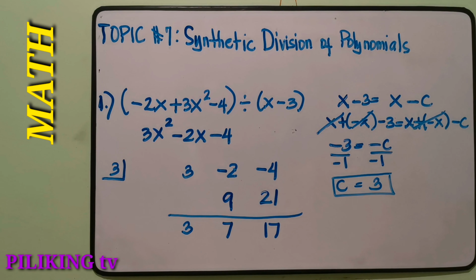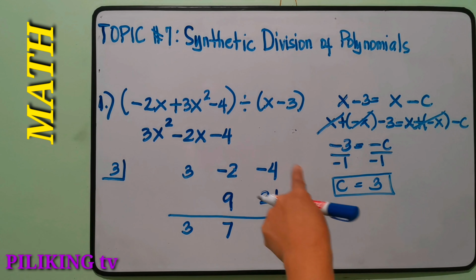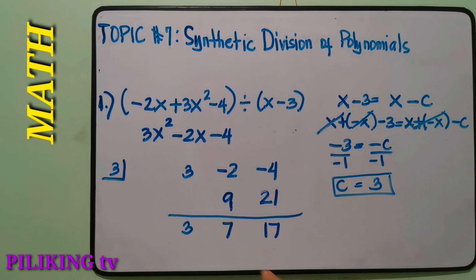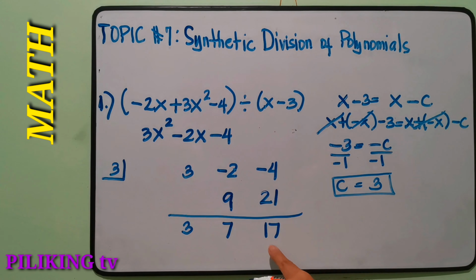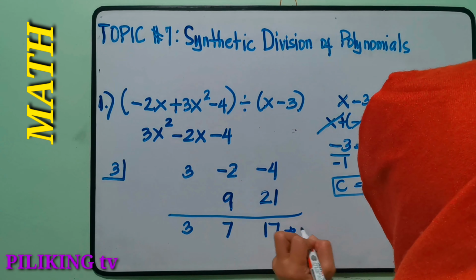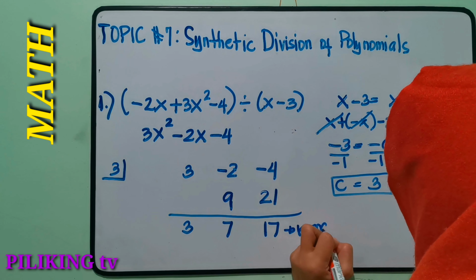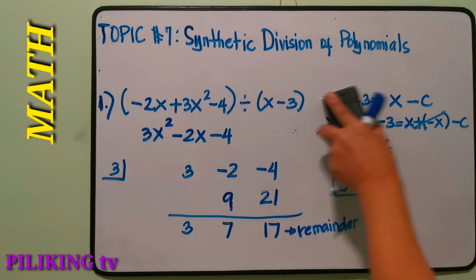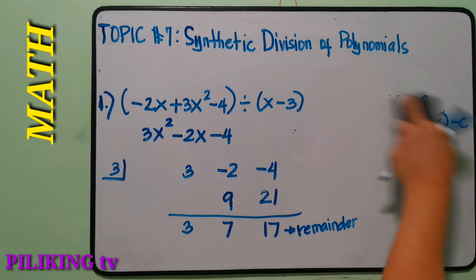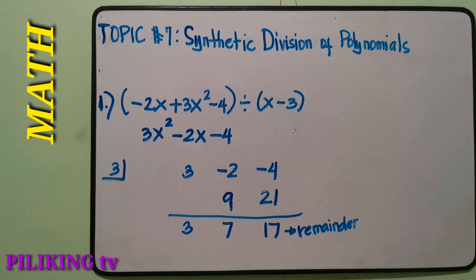If you still have other columns, you just repeat the step to get the next column. So that will be our example number 1. 17 is our remainder this time. The third row that we obtain represents the numerical coefficients of the terms of the quotient.